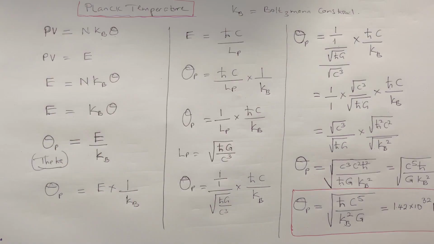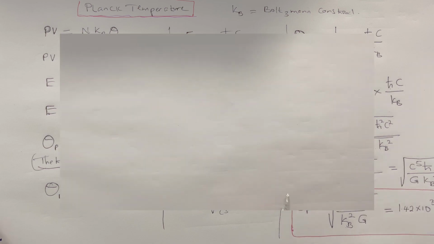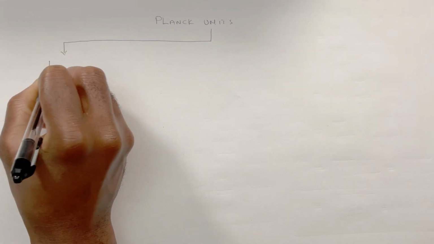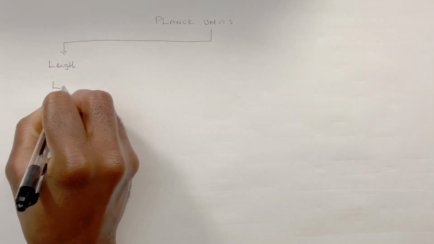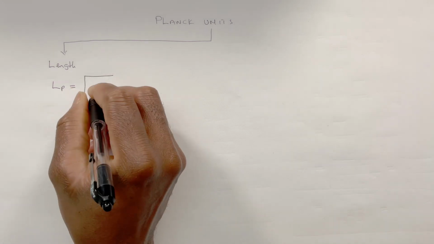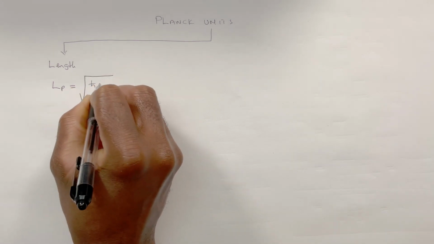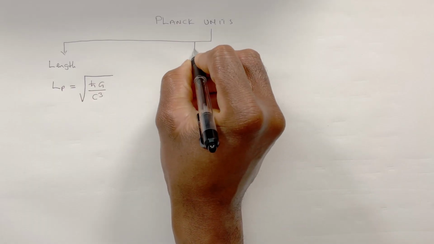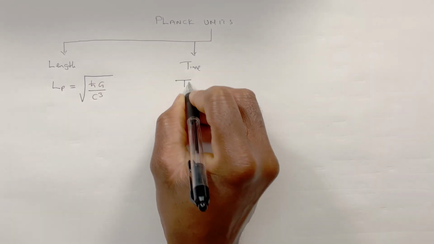There are 4 of them. So now let's write down these 4 Planck units that we've just derived. So the first one was Planck length, and that is lP equals root of h bar G over c cubed. And then we did the Planck time, and that is tP.